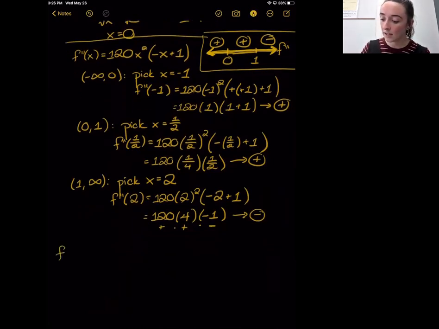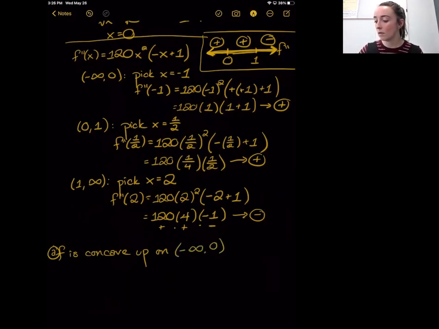So to answer part A, f is concave up on the intervals where the second derivative is positive. So on negative infinity to 0 and from 0 to 1.